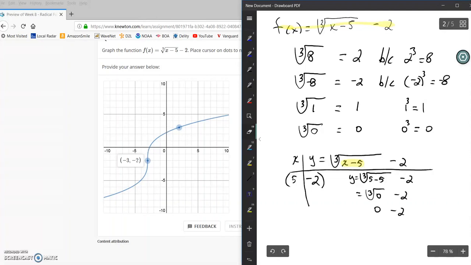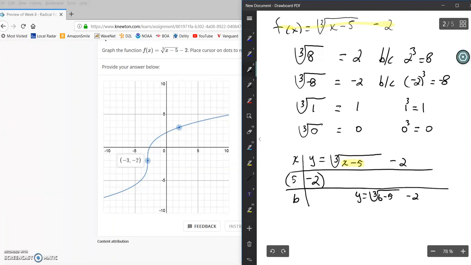But I need a second point. So what can we plug in for x that will give us, underneath the radical, a nice easy number to work with? Let's say I want to end up with a 1 under that radical. Well, if we plug in 6 for x, then y is equal to the cube root of 6 minus 5, then minus 2.